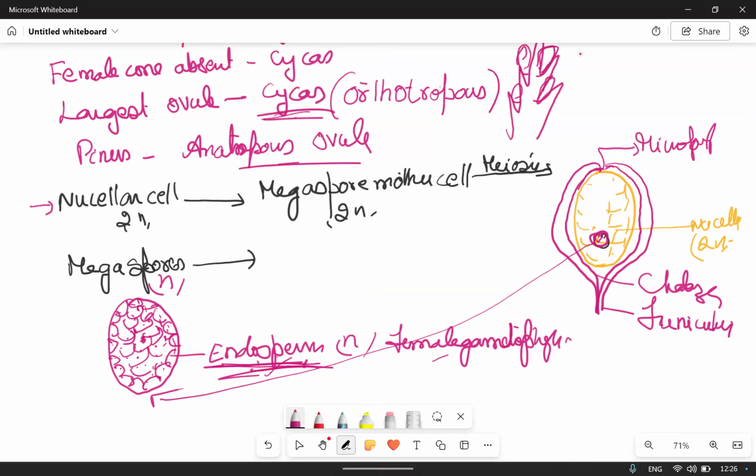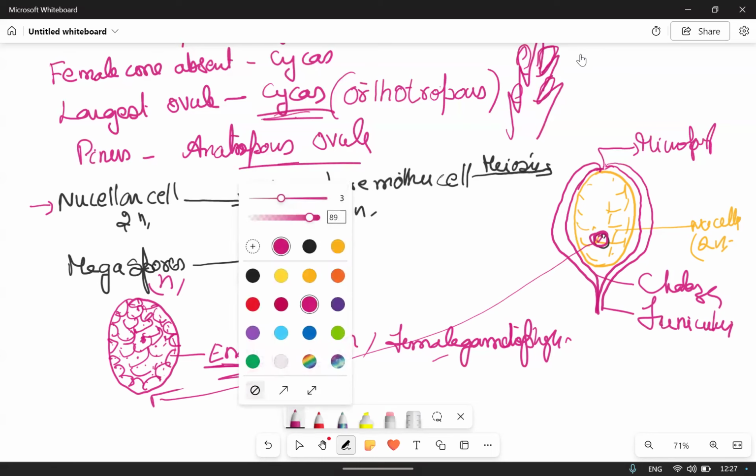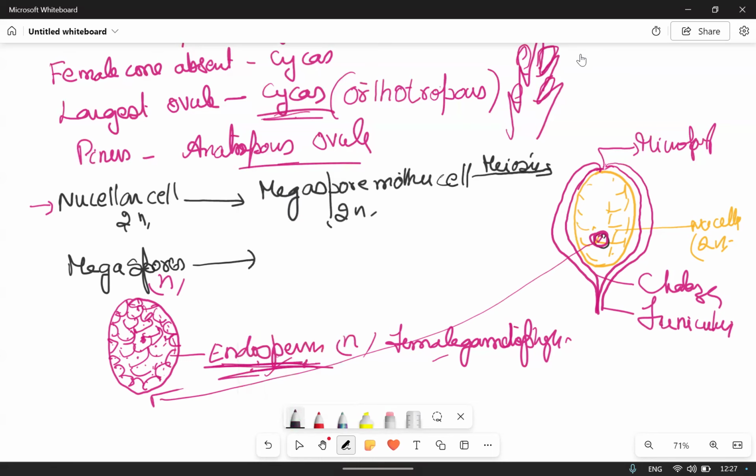Normally the female gametophyte has female sex organs. What are those? Archegonia. How many archegonia are present? 2 or more archegonia are present in the female gametophyte. What is the archegonium structure? I said already, gradual reduction. You can see the archegonium from bryophytes to gymnosperms or angiosperms.